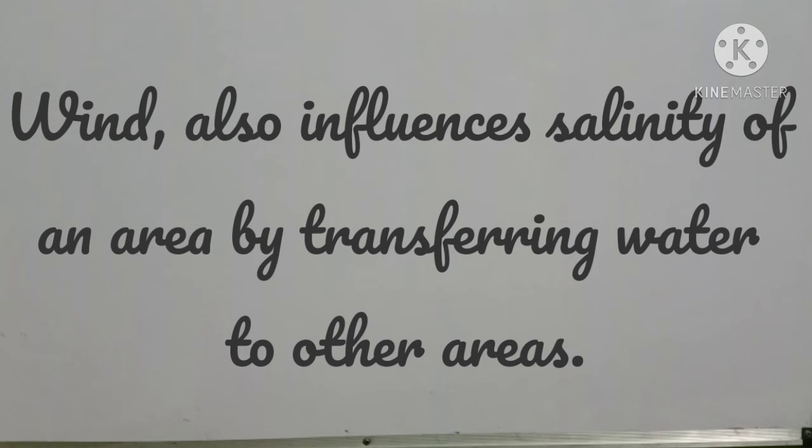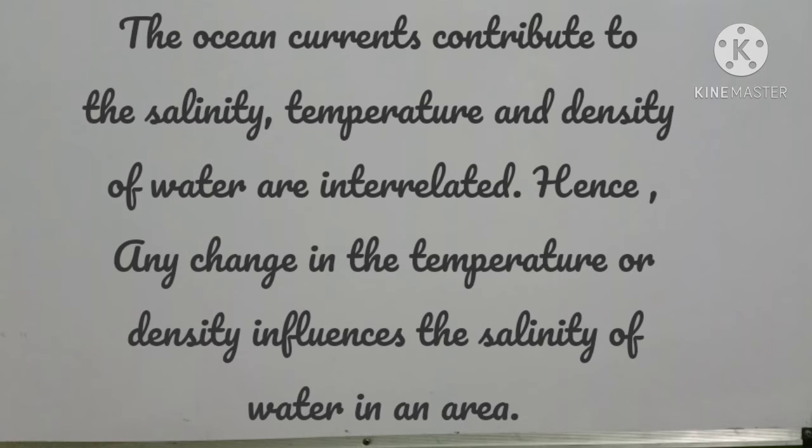The other factor I already mentioned is the oceanic currents, which move laterally or vertically, meaning they move horizontally and vertically in different parts of the ocean, contributing to salinity by increasing and decreasing the salinity of any area. We will study in our next video how oceanic currents are responsible for decreasing and increasing the salinity.